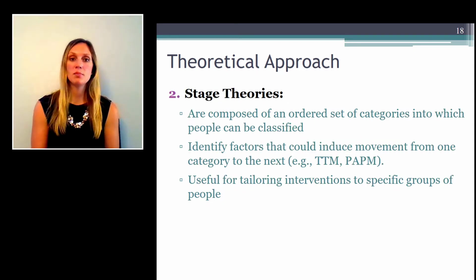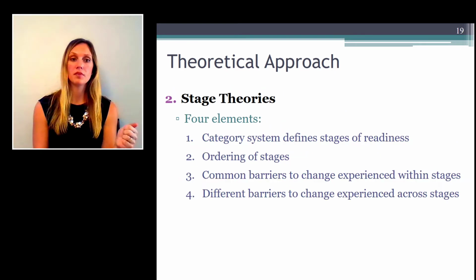Stage theories recognize that behavior change does occur on a continuum, but they recognize that not everybody is on the same stage in that continuum. And so what stage theories include is a set of categories that people can be classified into on the continuum of behavior change.